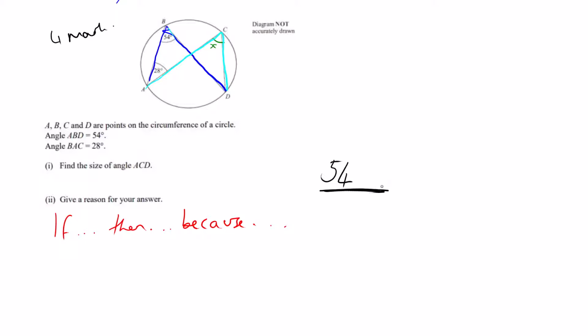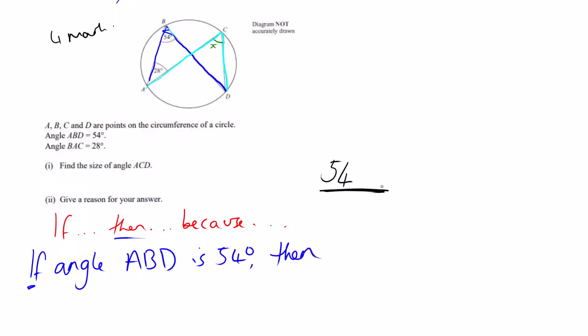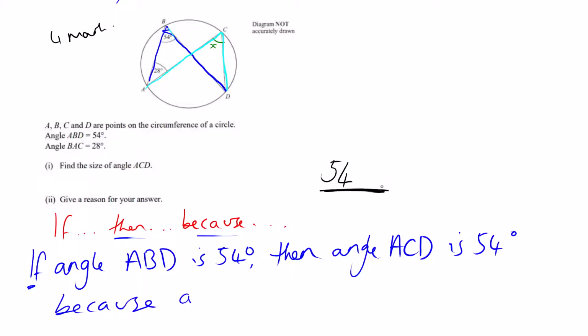So how do we explain this for part 2? If angle ABD, notice the if coming in there, is 54 degrees, then angle ACD is 54 degrees because angles in the same segment are equal.